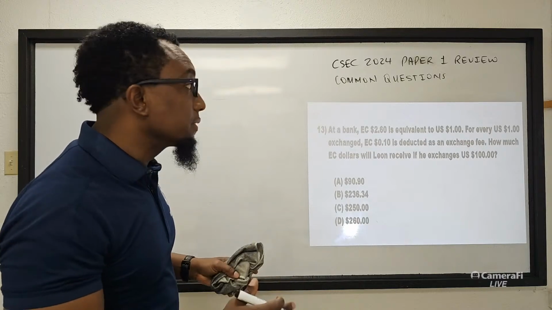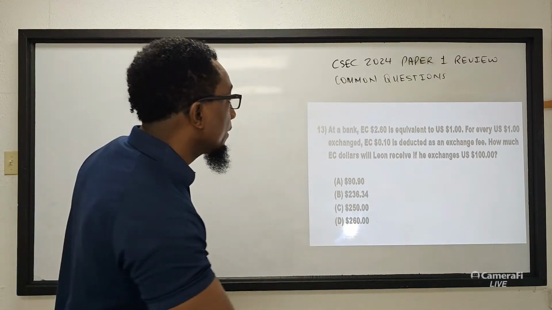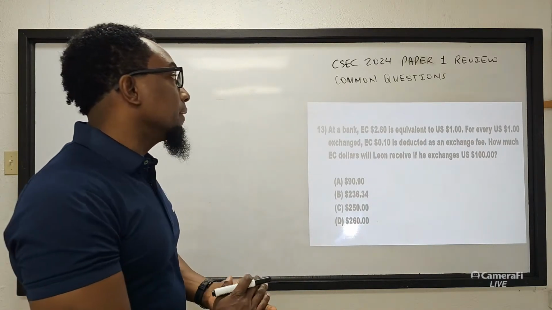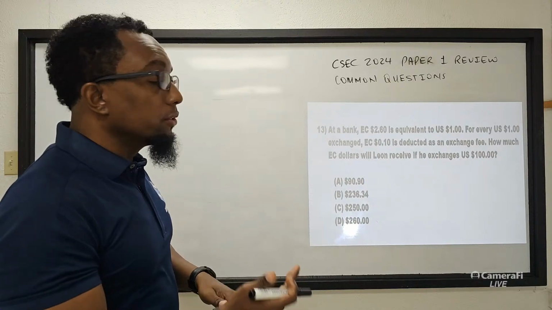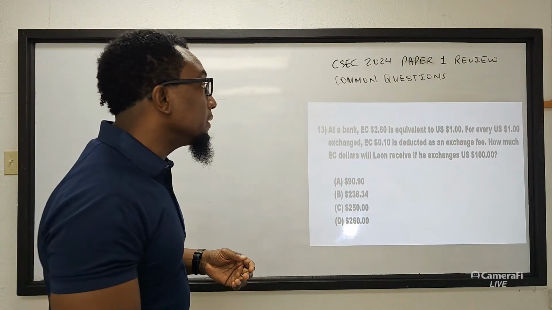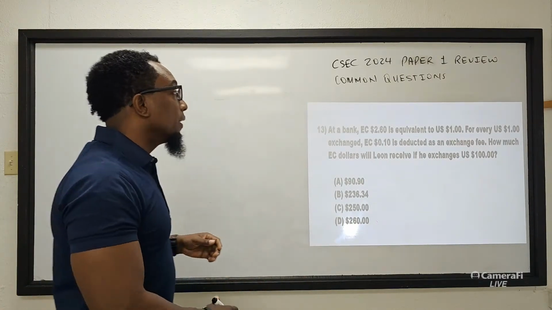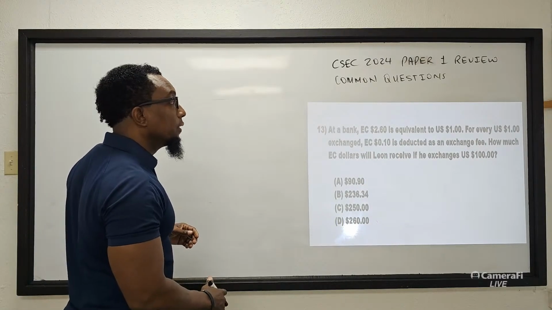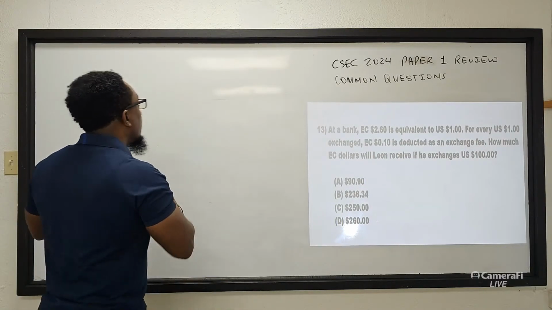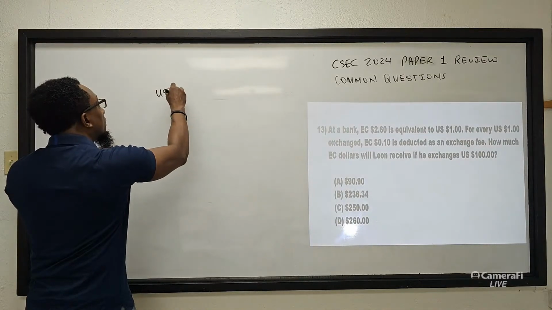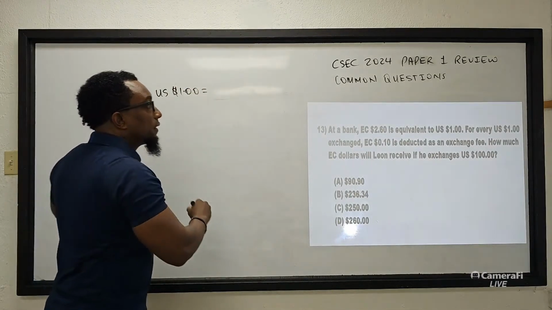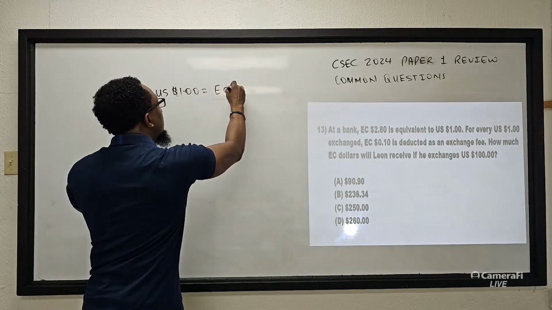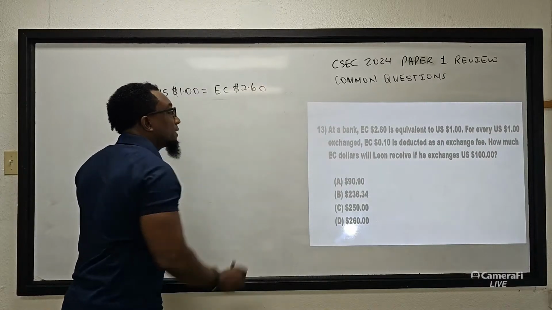So we know what's the conversion rate there, right? So if we have to determine how much 100 US will be equivalent to in EC, we have to use our exchange rate to help us to make that conversion. So we know that US $1 is equal to EC $2.60.